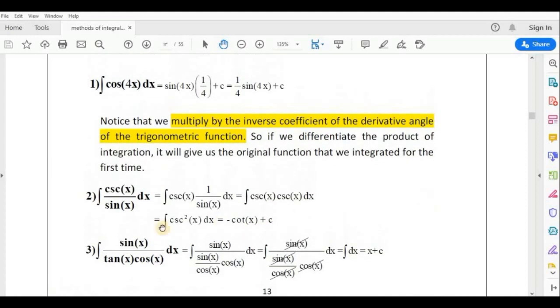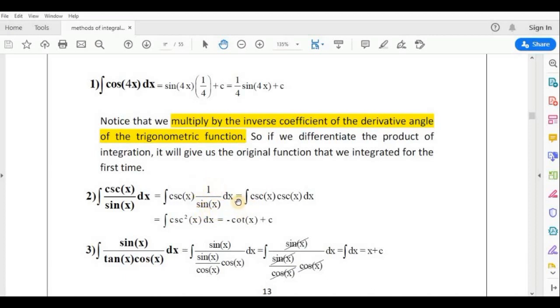Let's see another example. The integral for this function. First, we will try to arrange the integral function in a simple way. So we will write the integral of cosec multiplied by 1 divided by sine x dx. This one, 1 divided by sine, will be cosec.